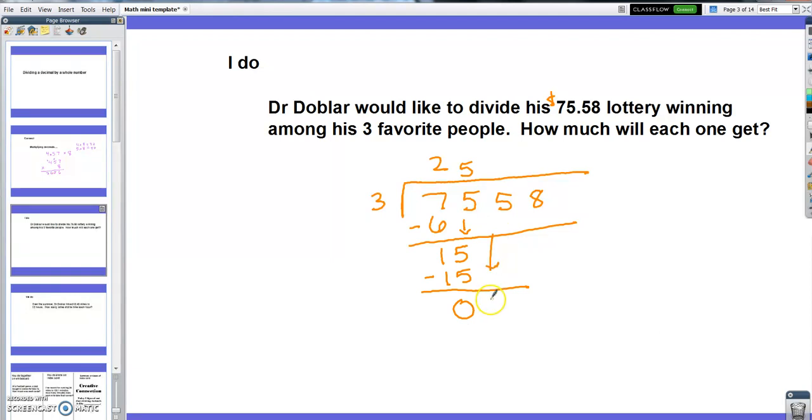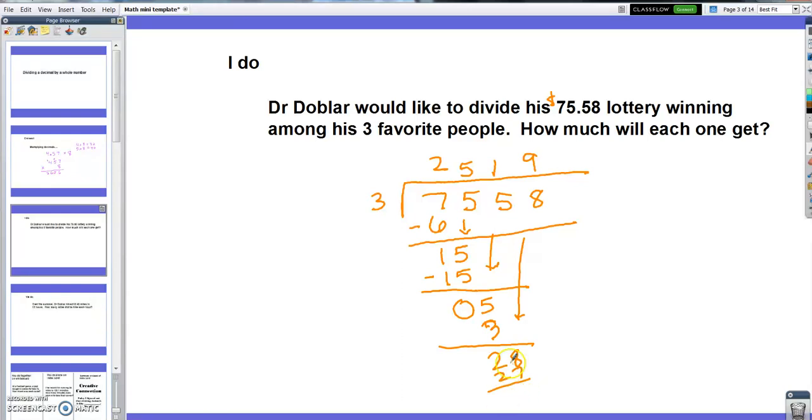Bring down the 5. 3 times 1 makes 5? No, it doesn't. It makes 3. 3 times 1 makes 3. Bring down my 8. 3 times 9 is 27. And that should finish the trick.